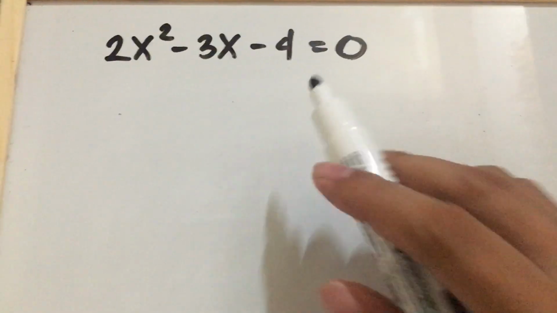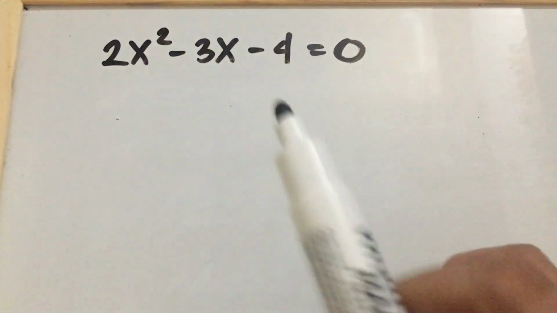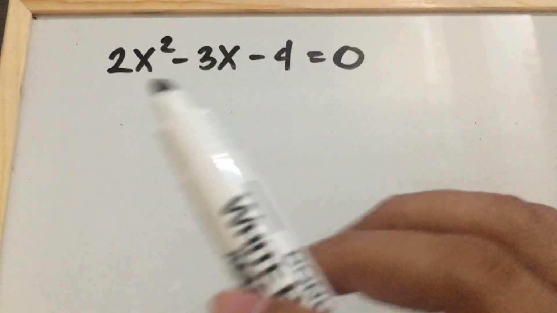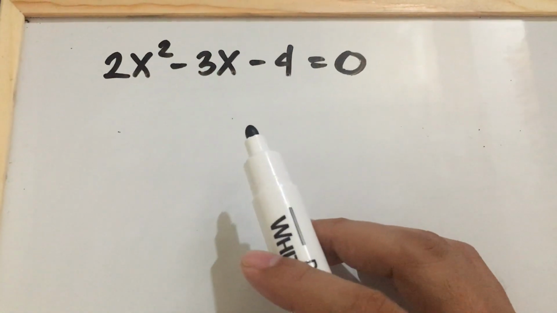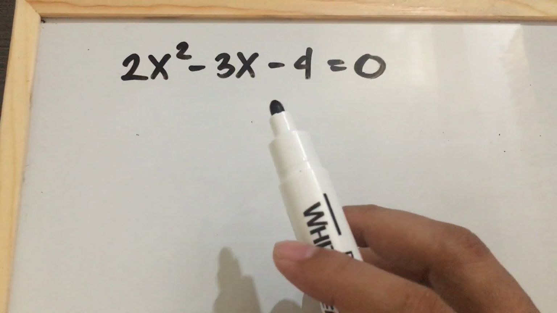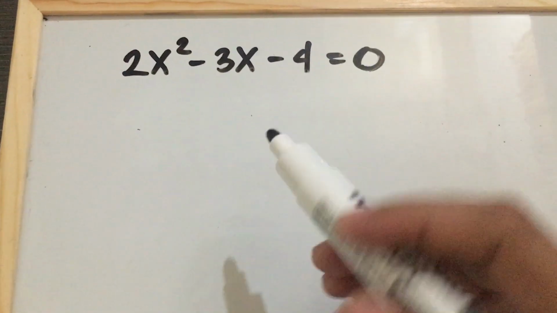Okay, so we are now here at our lesson number 4, wherein we need to solve a quadratic equation by using the quadratic formula. So it's very important first to know the standard form of a quadratic equation.